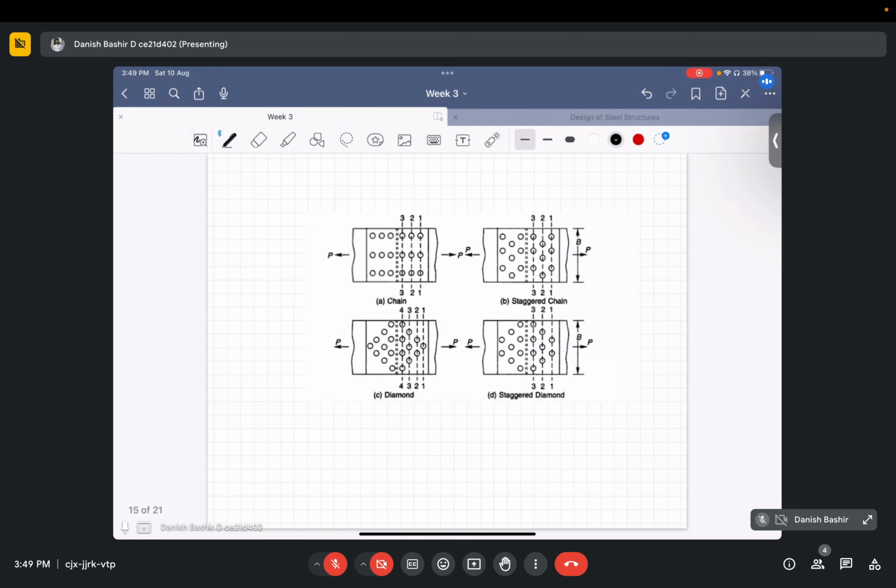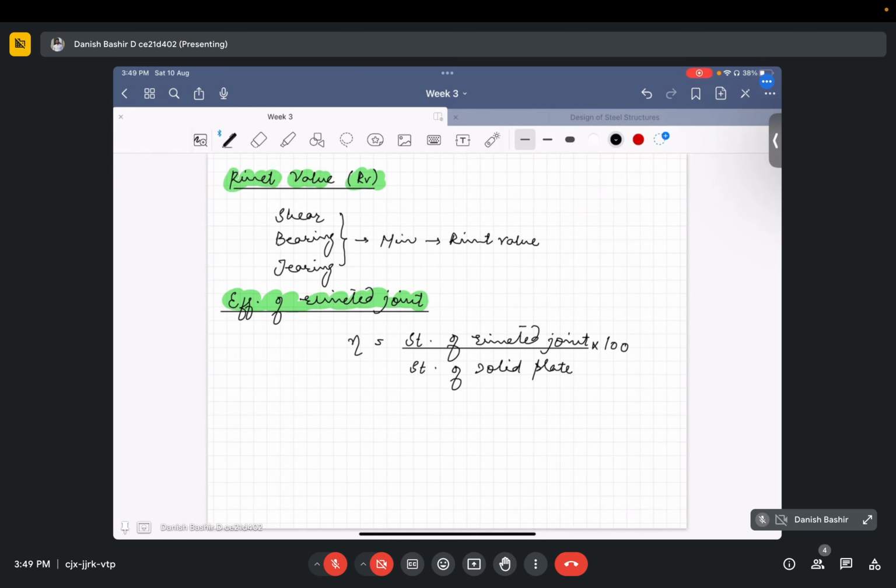There is one more important definition, that is the net section. We define net section as the section available to resist shear after the holes of the rivets are made.